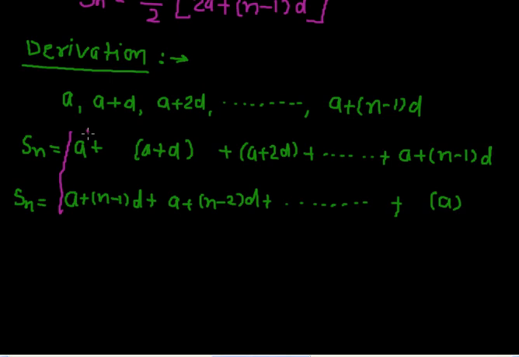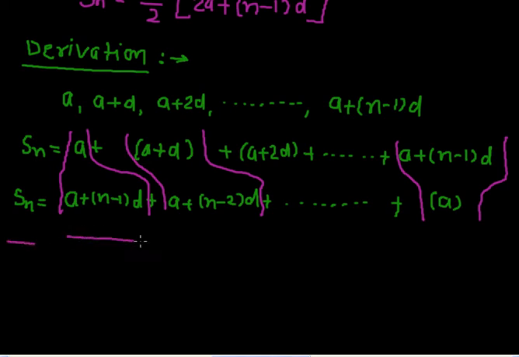That means if I add this a to a plus (n minus 1) into d, if I add this a plus d with a plus (n minus 2) into d, and lastly a plus (n minus 1) into d with a, what do we get? Adding these two equations vertically, we get Sn plus Sn is equal to what?